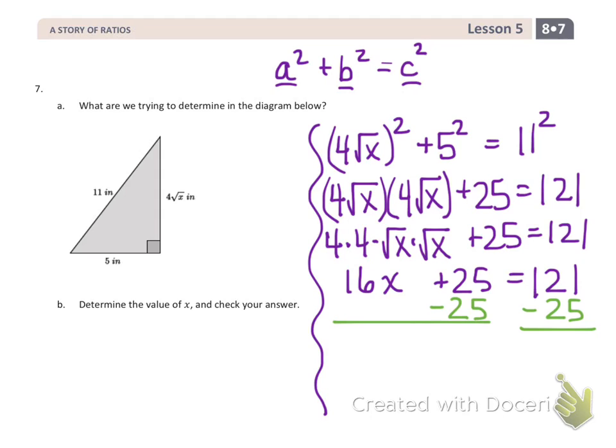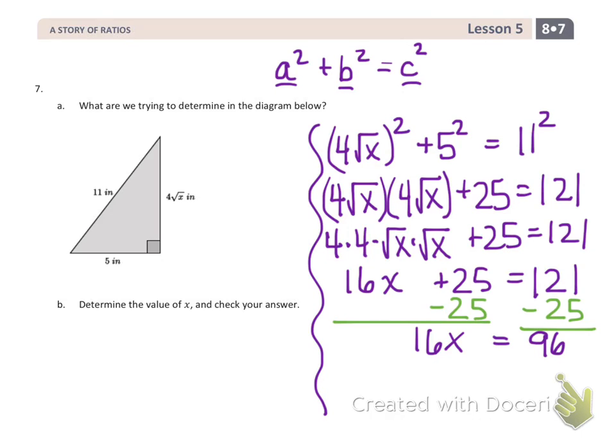And on the left, I'm going to have 16x. And on the right, I'm going to have 121 minus 25, which is 96. Could do the subtraction.